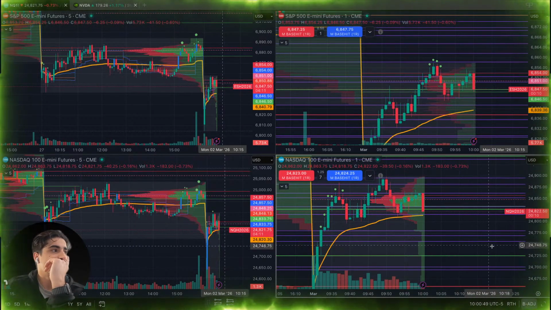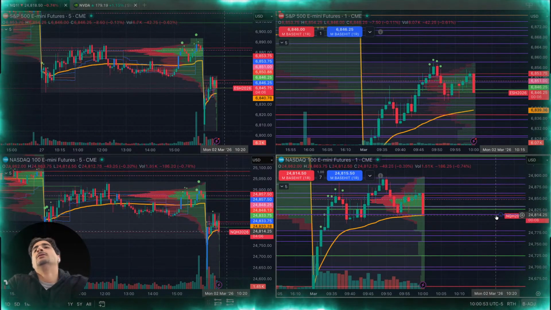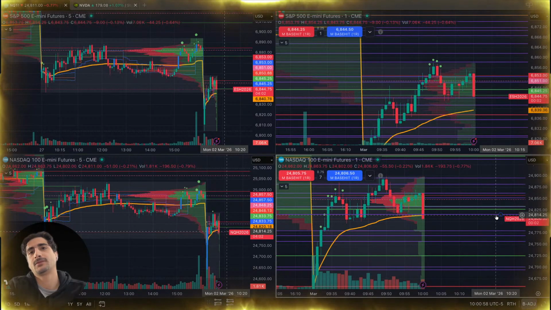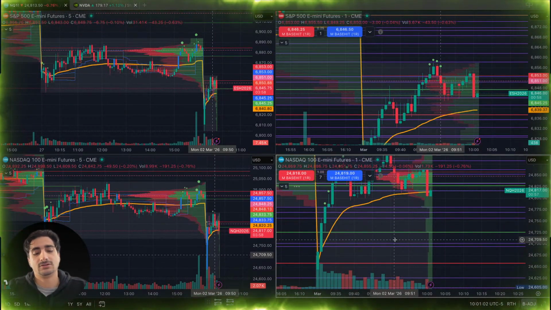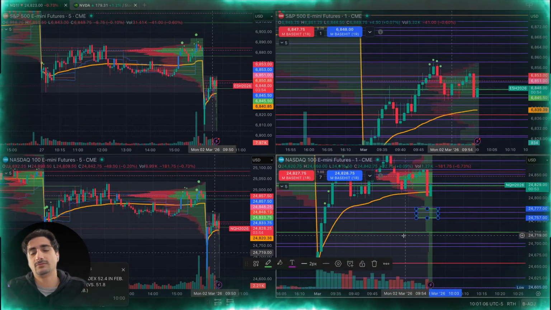Just curious, I feel like we could actually break down, have a good retracement back into this range, and I would like to see that.